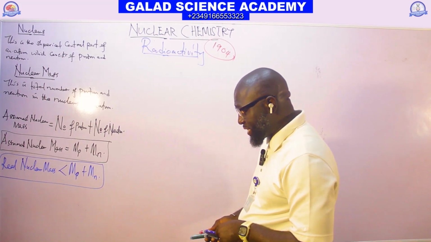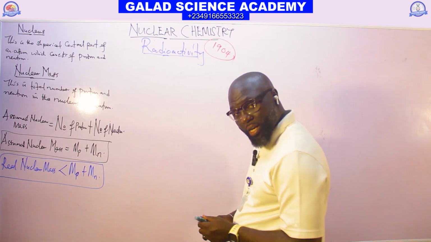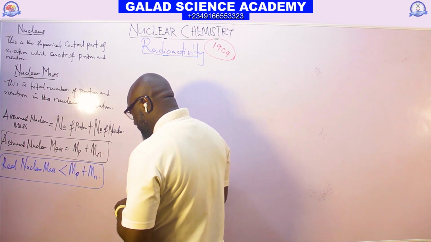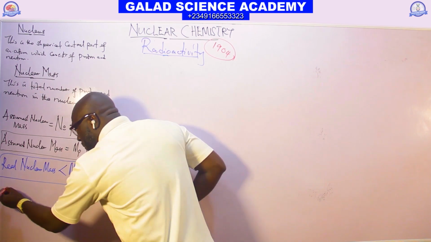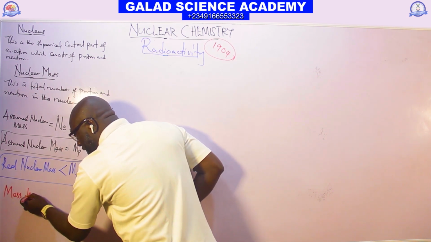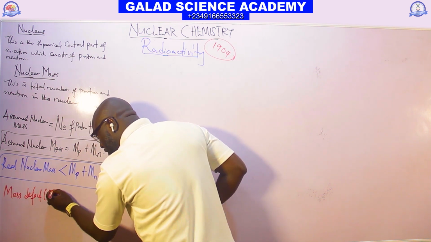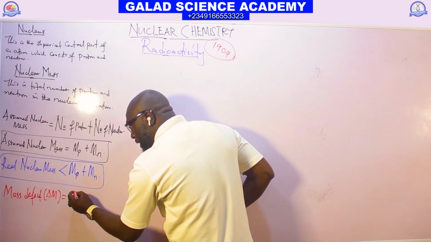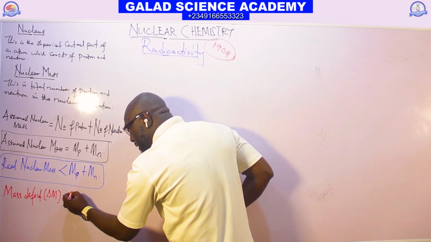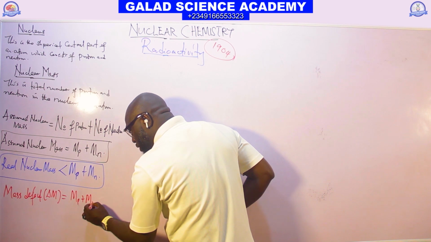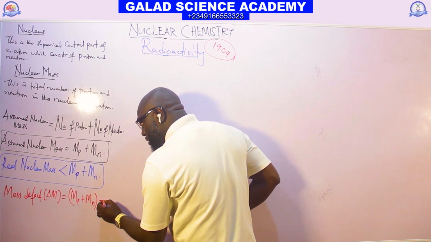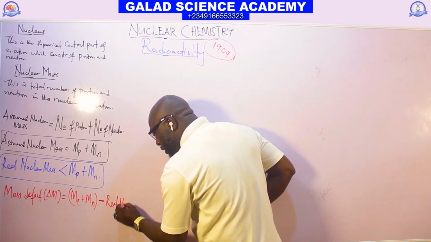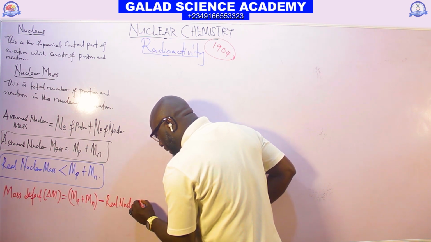But the mass defect, or change in mass, which we call mass defect, would be equal to the assumed nuclear mass, mass of proton plus mass of neutron, minus the real nuclear mass.